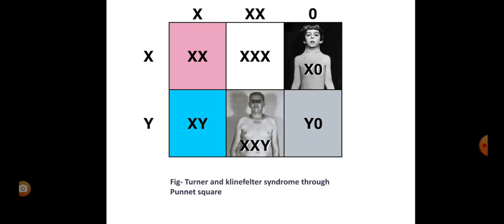So as you can see, Turner and Klinefelter syndromes through the Punnett square. The first one, XX and XY, occurs in the case of a normal female and normal male. But when non-disjunction occurs during gamete formation, one cell receives 2 X chromosomes and the other cell receives no sex chromosome.